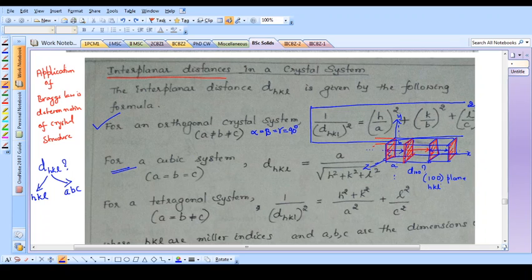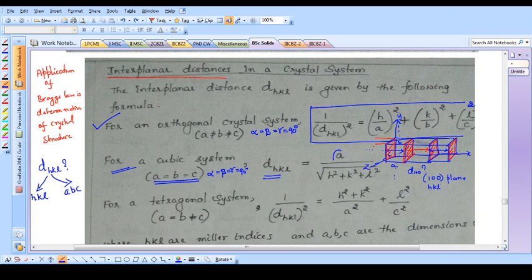For a cubic system, what do you mean by cubic system? For a cubic system, all unit cell lengths are equal to each other. That is, a is equal to b is equal to c, and alpha, beta, gamma all are equal to 90 degrees. In such a system, d hkl is given by a very simple formula: a, that is the unit cell length, divided by the square root of h square plus k square plus l square.